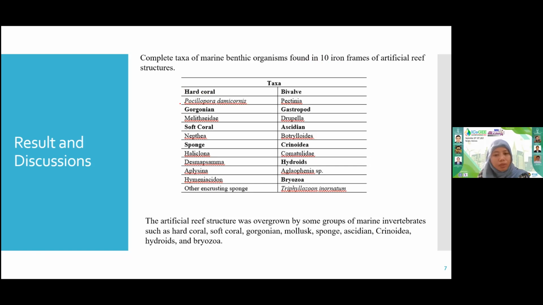There are 5 sponges, 1 bivalve, 1 gastropod, 1 ascidian, 1 crinoid, 1 hydroid, and also 1 bryozoan. The artificial reef structure was overgrown by some groups of marine invertebrates, such as hard coral, soft coral, gorgonian, mollusk, sponge, ascidian, crinoid, hydroids, and also bryozoa.